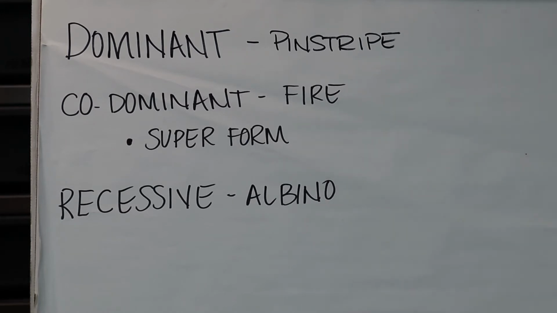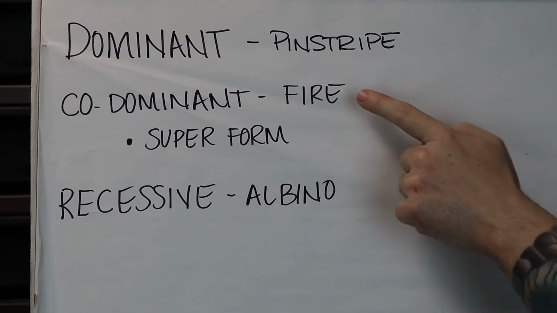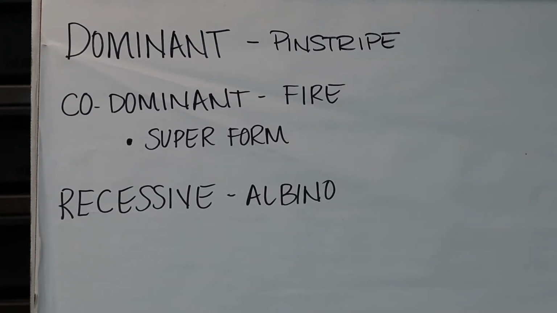A super fire, if you look it up, a good place to look up different genetics is worldofballpythons.com, is an all-white snake, whereas a regular fire is basically just a slightly lighter version of a normal. So when you have a codom gene, that means if you breed two animals together that both carry the gene, there can be a super form of that gene. In this case, it would be a super fire.